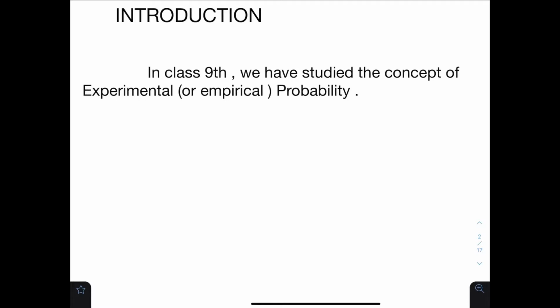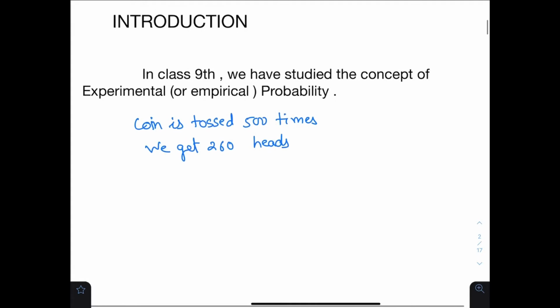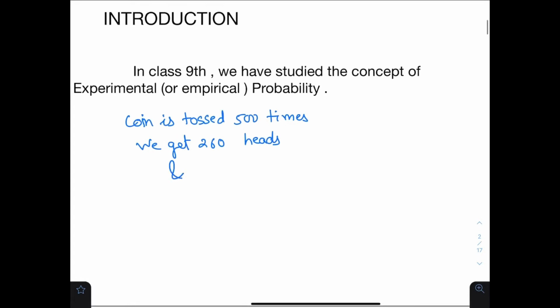For example, suppose a coin is tossed 500 times and we get 260 heads and 240 tails.